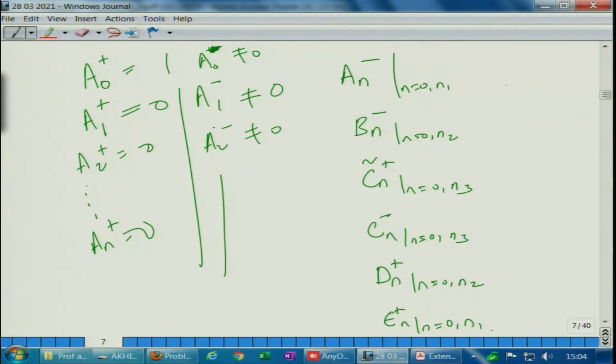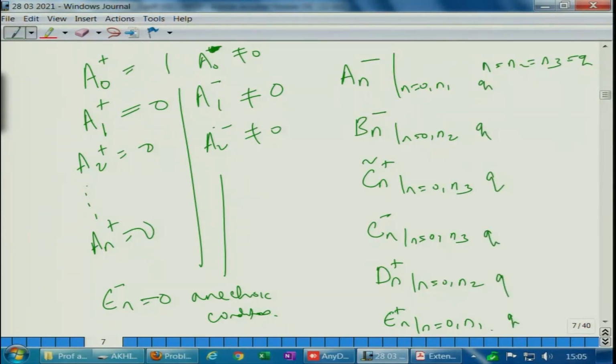E n minus is 0 of course, like I was mentioning, because of the anechoic condition. So, we have that many variables. If we assume n 1 is equal to n 2 is equal to n 3, which equals q, then we have q unknowns for each, so 6q, but if you consider the plane wave separately, you can consider 6q plus 1.